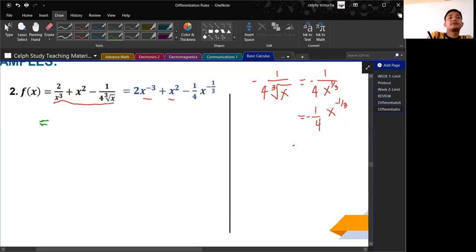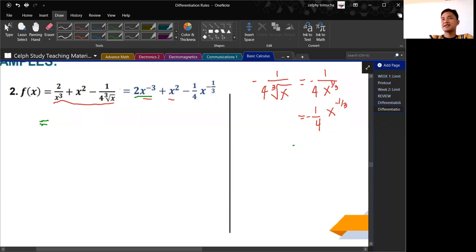Okay, what is the derivative of 2x raised to negative 3? Anybody? Multiply our exponent, so negative 6x squared.